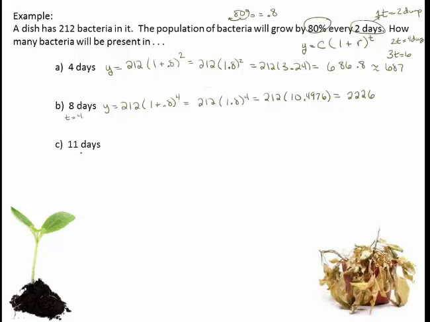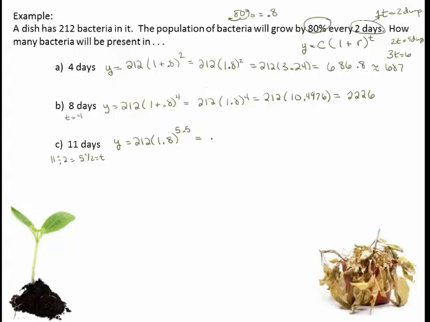Now here where t is 11 days, 11 divided by 2 is 5.5. So that's what t will equal, is 5.5. So I'll have 212 times 1.8 to the 5.5. So I'll raise 1.8 to the 5.5.